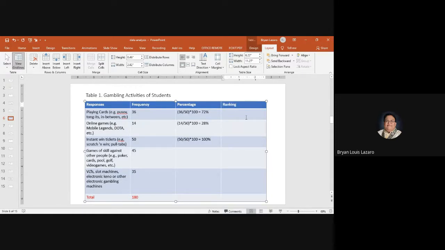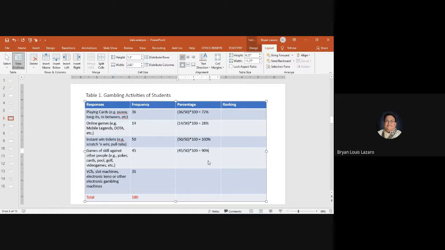I-rank mo siya ngayon. Sino yung pinakamataas para hindi ka nalilito kung sino yung majority. Halimbawa, 50 over 50 times 100. O ngayon, we have 45 divided by 50 times 100 equals 90%.